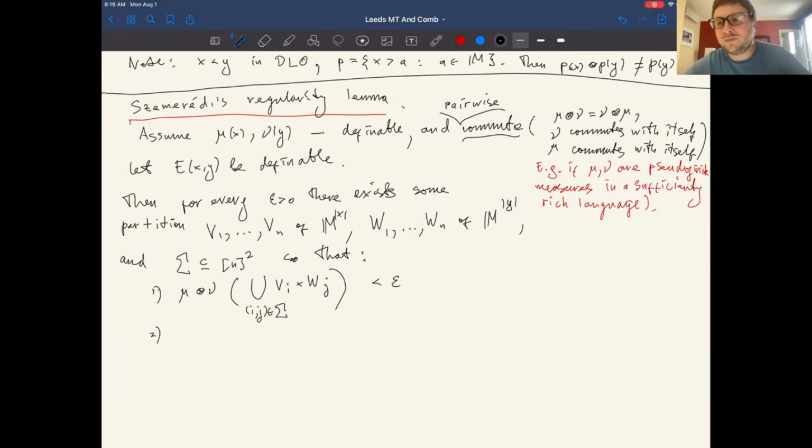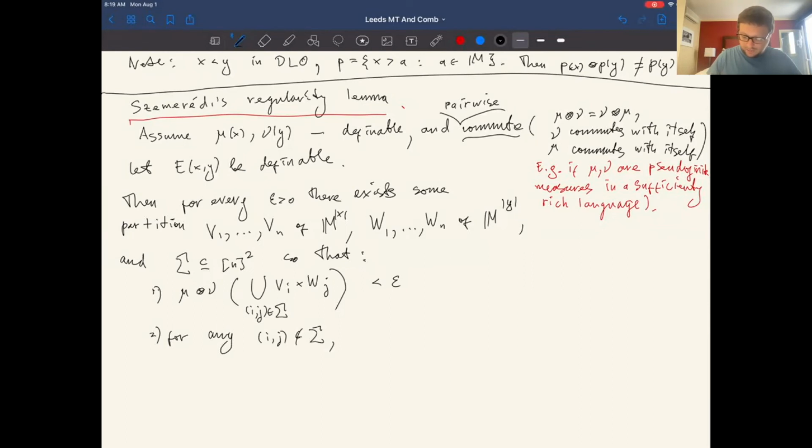And about this we think as bad pairs. But now, for any good pair, so for any (i, j) not in sigma, we have that the edges are approximately uniformly distributed on this rectangle.